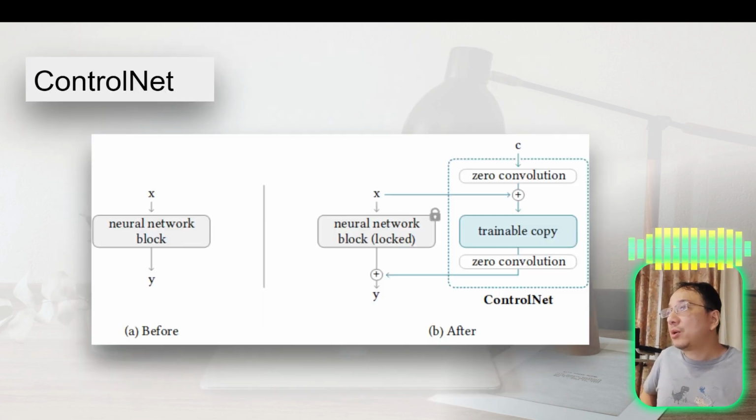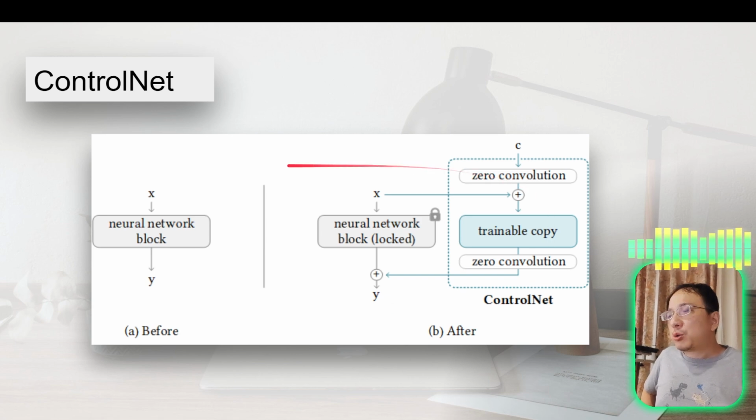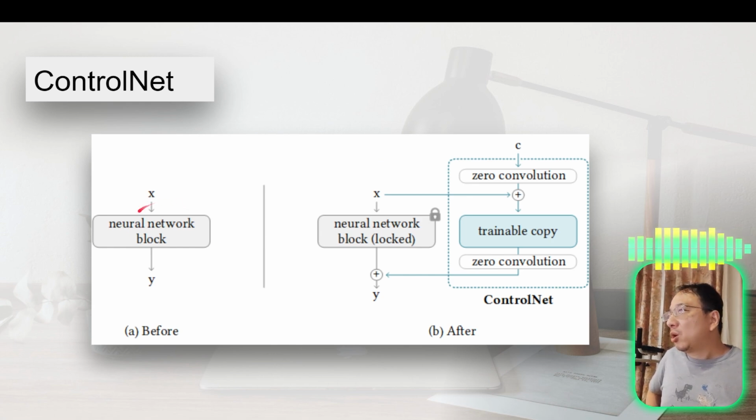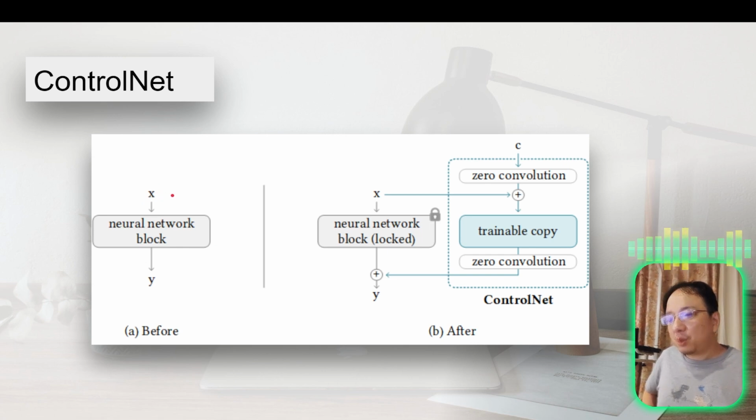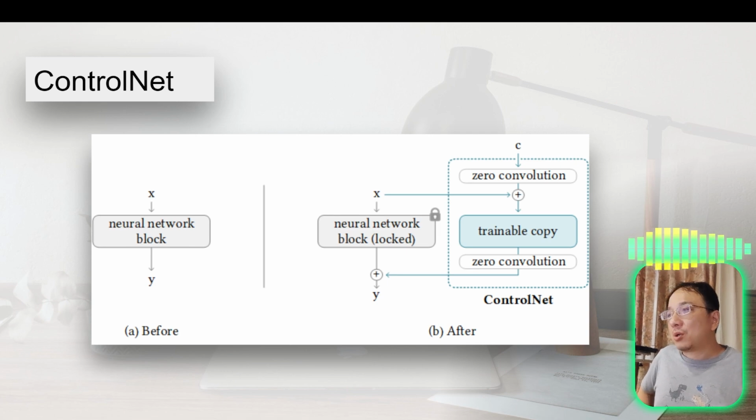So how does ControlNet work? Consider we have some neural network block. Although this description is more abstract and generic, let's simply consider our neural network block accepting the input X, which is a 2D input, like an image or a hidden layer in a convolutional neural network.